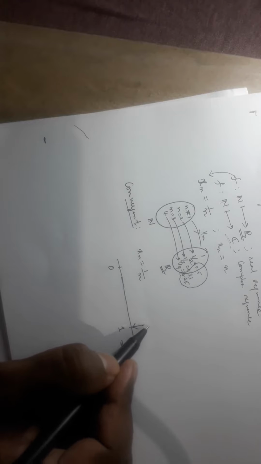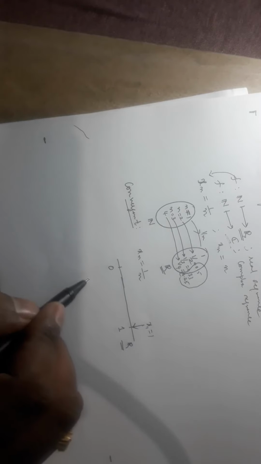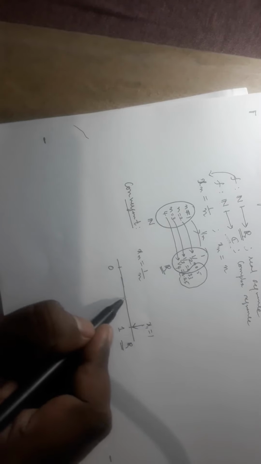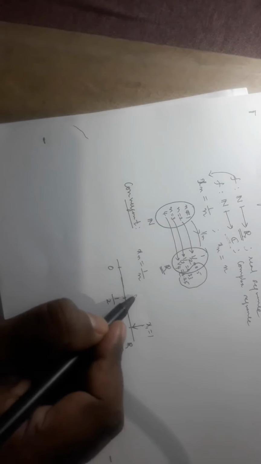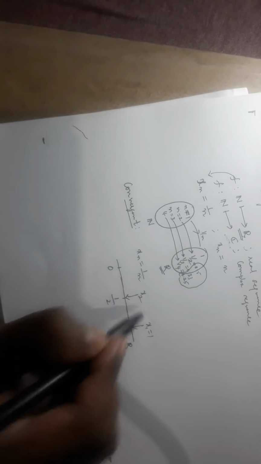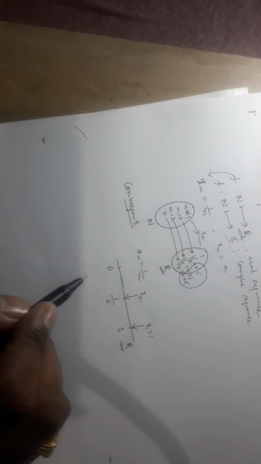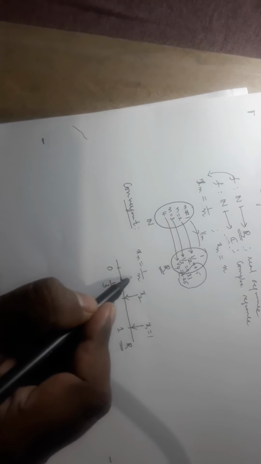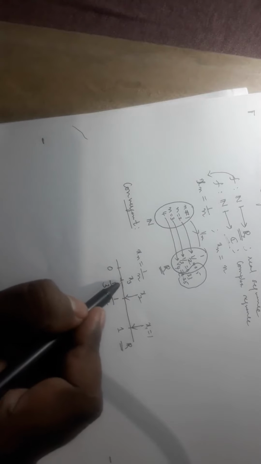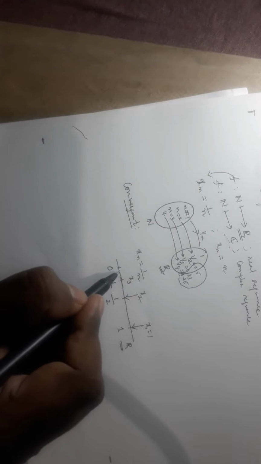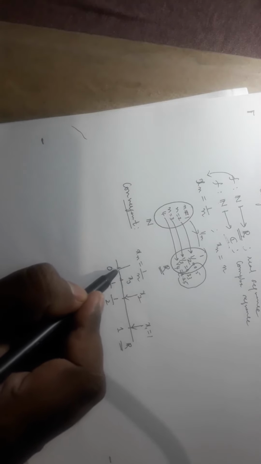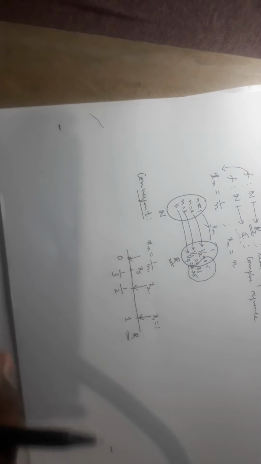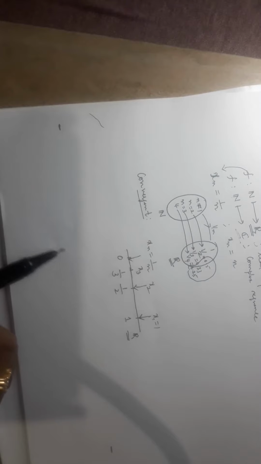For n equals 1, it is 1, that is x1 is 1. For n equals 2, it is half. For n equals 3, it is 1 by 3, that is x3. It goes on and on, then it approaches 0. As n tends to infinity, xn will approach 0.